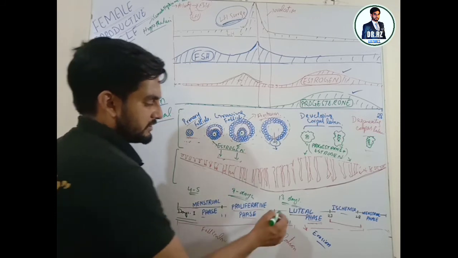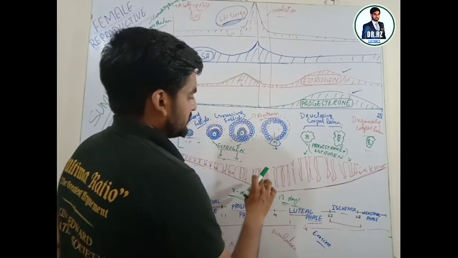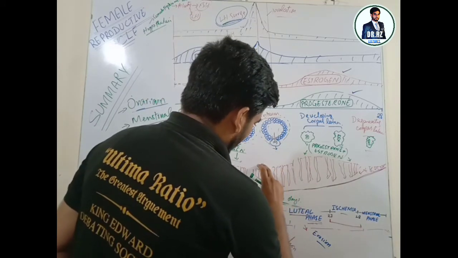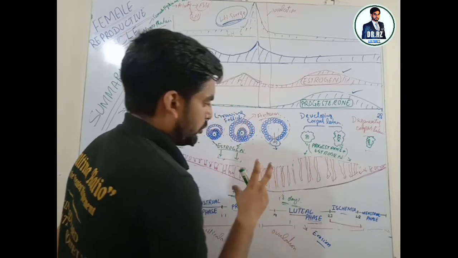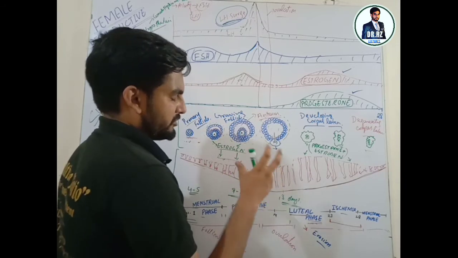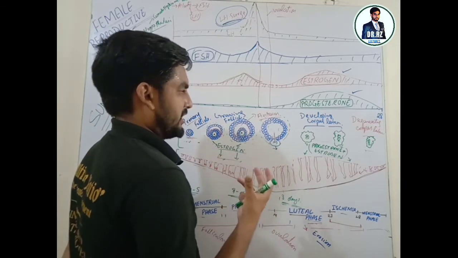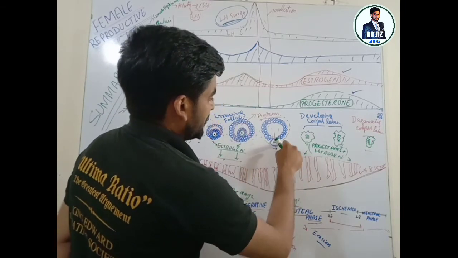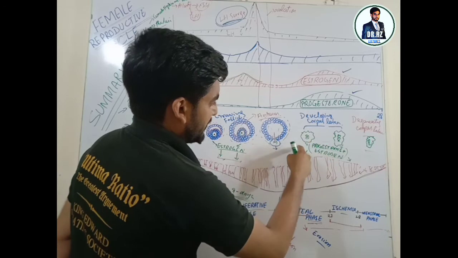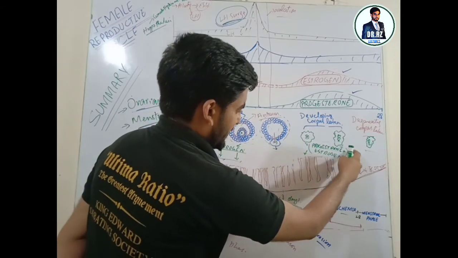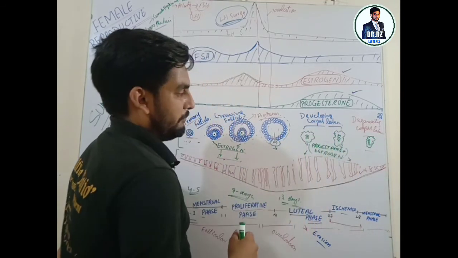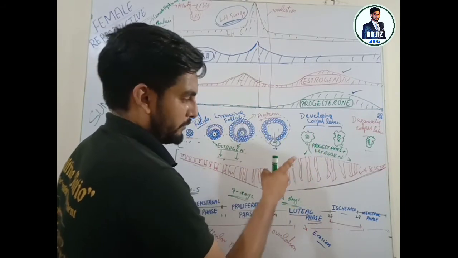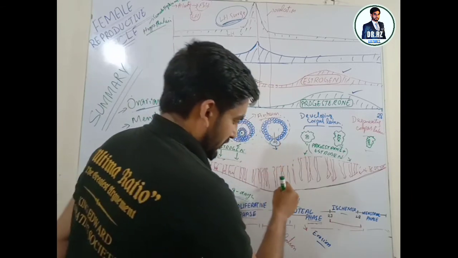And next is the luteal phase. This is the phase during which the wall of the endometrium becomes more thick, tortuous, and the glands become more secretory, with development of spiral arteries. Why? Because now the corpus luteum is secreting progesterone hormone, which is the pregnancy maintaining hormone. It is the hormone that stops the erosion of the endometrium.